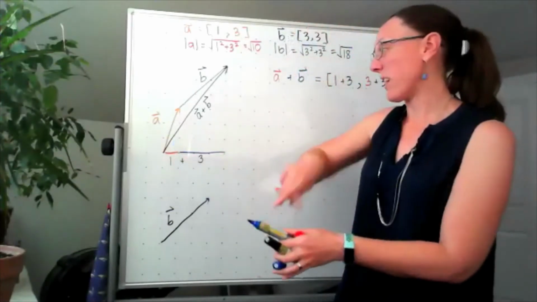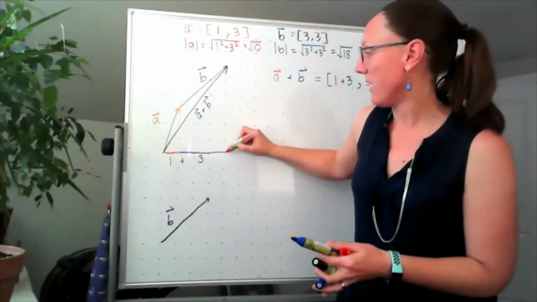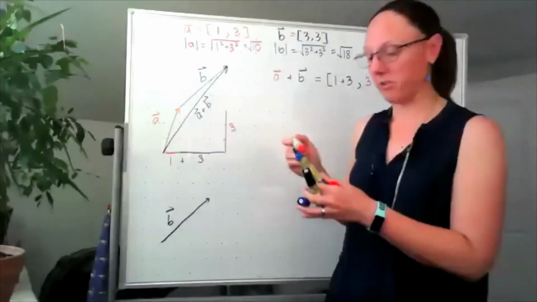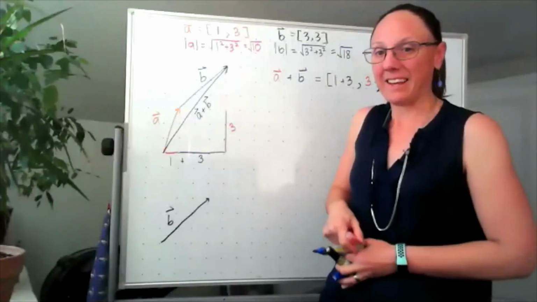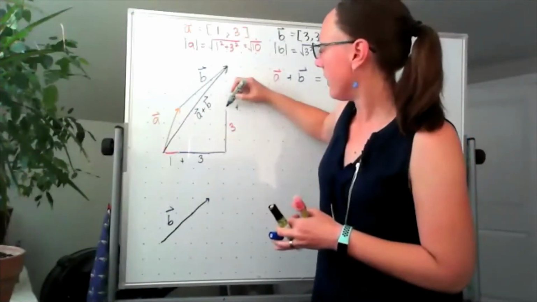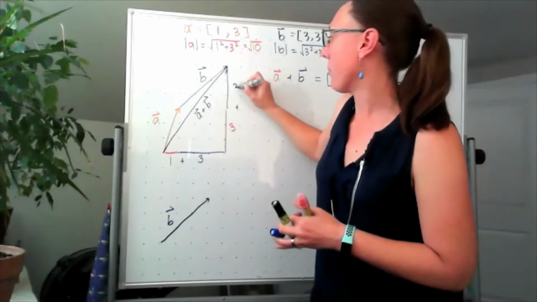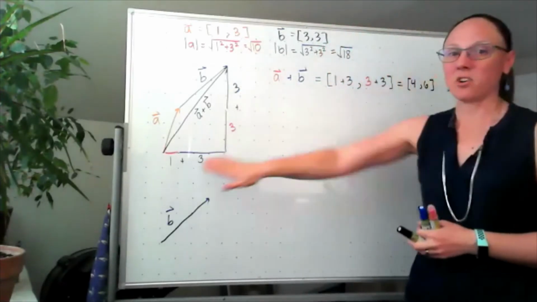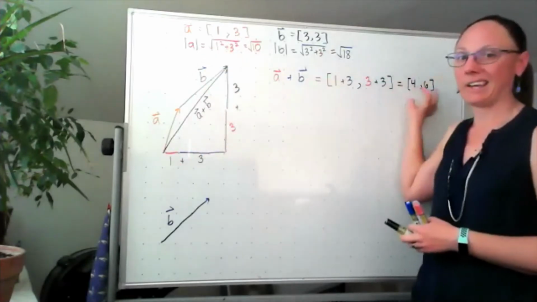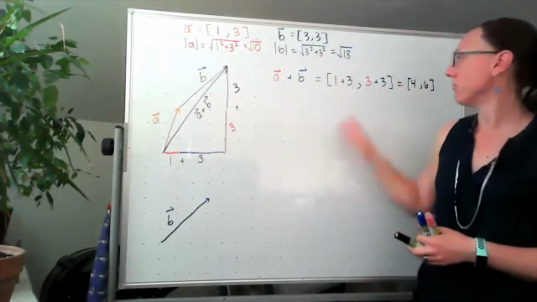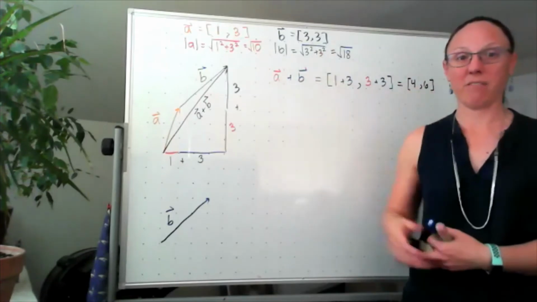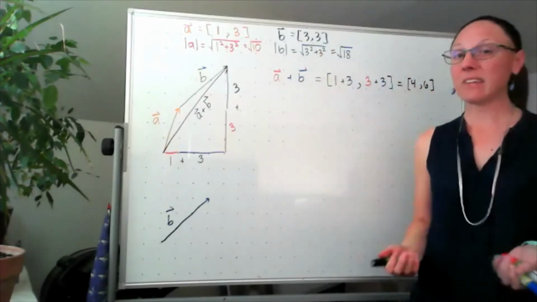And then in the y direction, the same thing happens. I've got the 3 that we moved up because of my A vector, and the 3 that we moved up because of my B vector. So we get the same answer visually and just from doing the arithmetic of adding those two vectors.